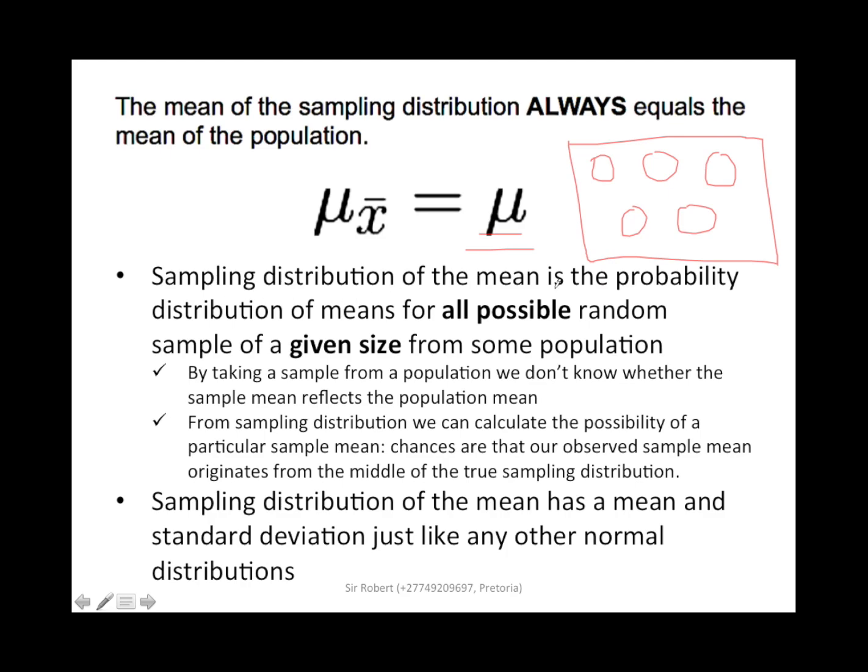The sampling distribution of the mean is the probability distribution of means for all random samples of a given size from some population. In this case, we took South Africa and we took different towns.